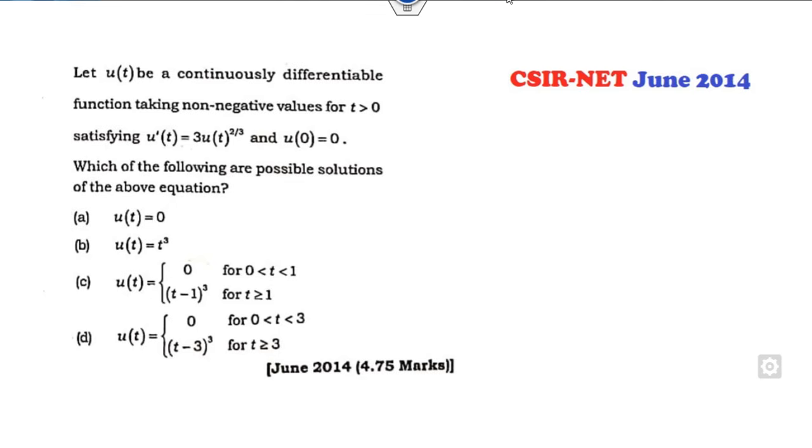Look at this problem. What is given to you? u dash is 3u raised to power 2 over 3, and u of 0 is 0. Again you can see 2 over 3 belongs to (0, 1). This is a real number. 3 is greater than 0 and it's 0.